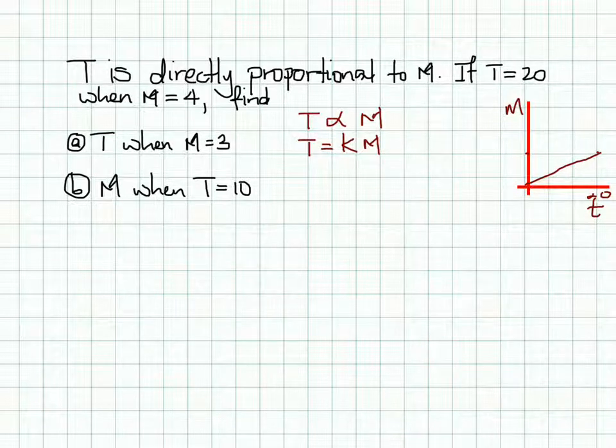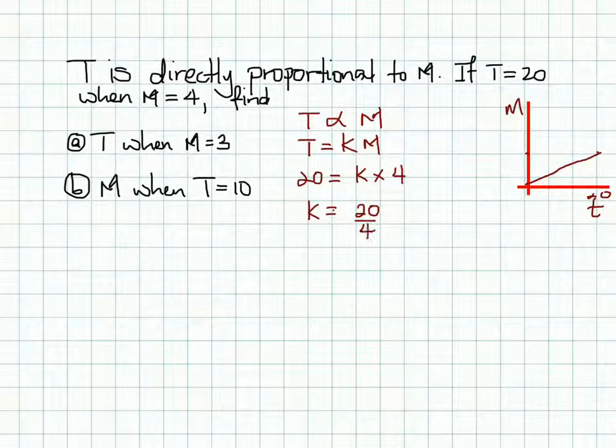So I get 20 is equal to k times 4, because kM means they're multiplying. Now I'm going to find k. With a quick bit of rearrangement, k is equal to 20 divided by 4. I will divide because they're multiplying here, and dividing is the way to remove that 4. That's equal to 5.